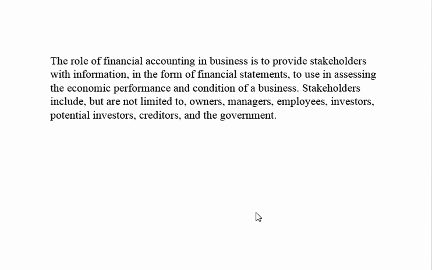Stakeholders would include, but are not limited to, the owners of the business, managers and employees, investors or potential investors, creditors or potential creditors, and then the government would get a copy of those financial statements in the form of a tax return. Financial statements are just reports produced by the business to provide information to these stakeholders, again, about the economic performance and condition of the business.